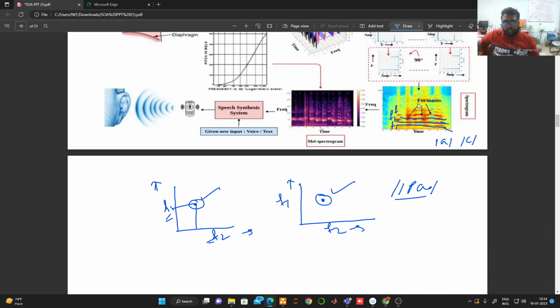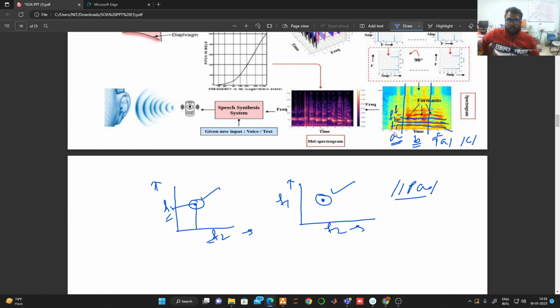For example, when a person utters ABC, which is just phonetic sound, not speech, the initial part is A, the second part is B, and the third part is C.